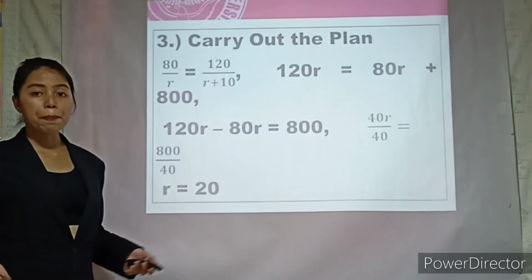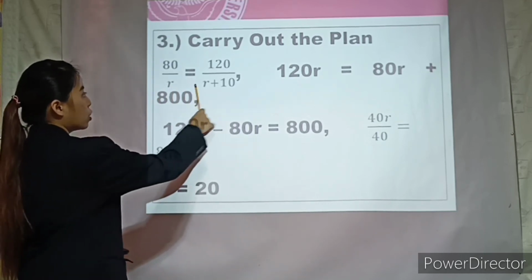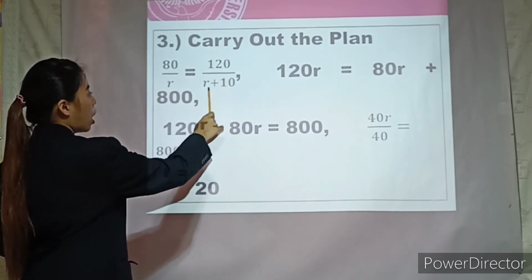So to carry out the plan, 80 over R is equal to 120 over R plus 10.